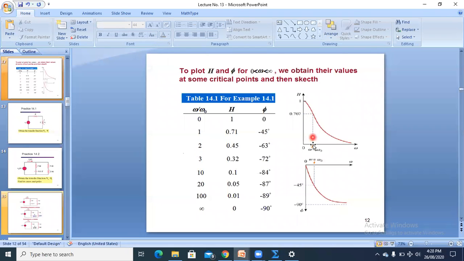So that is in fact the frequency response where it starts cutting off the higher frequency.